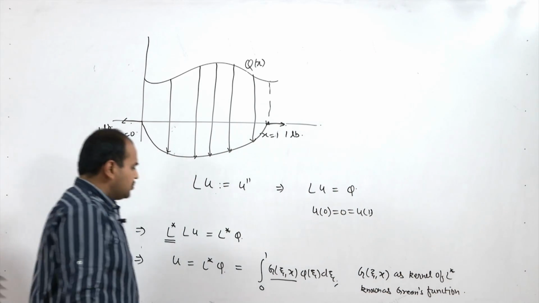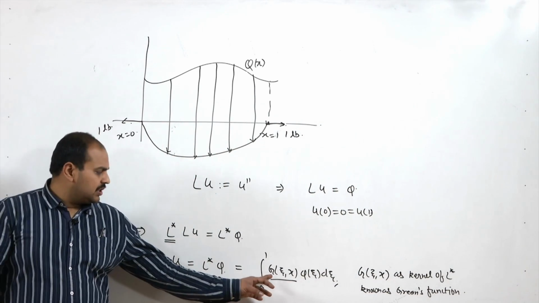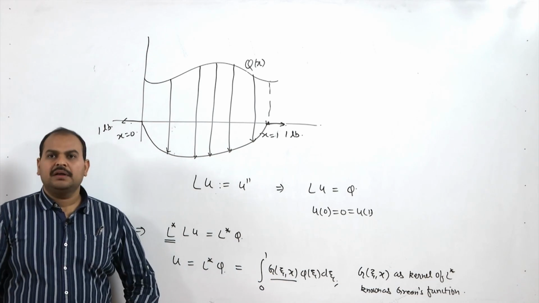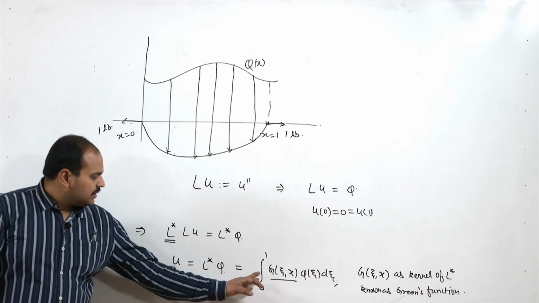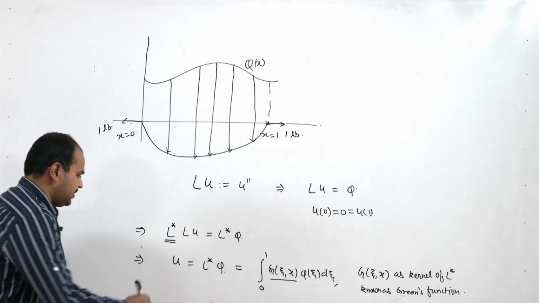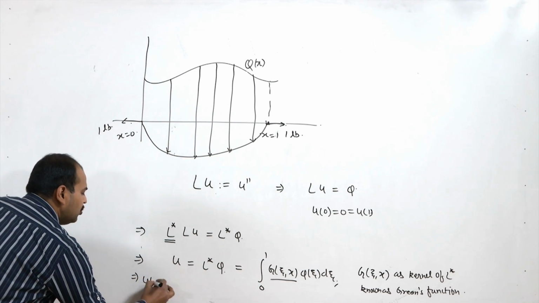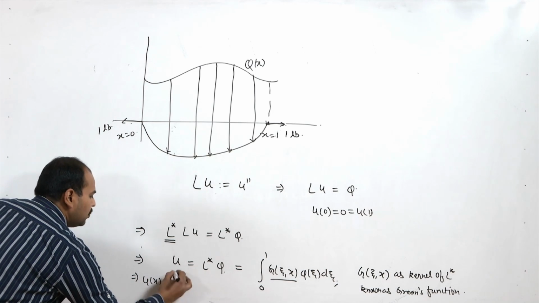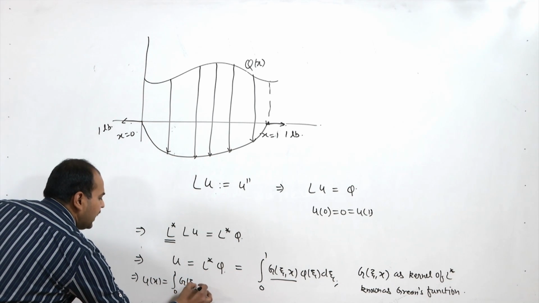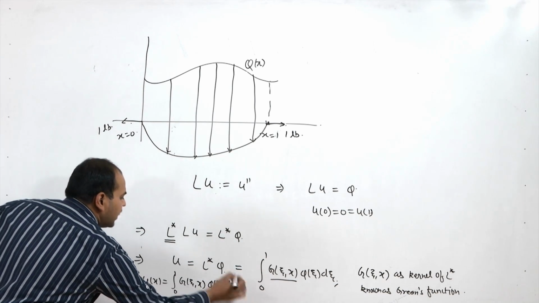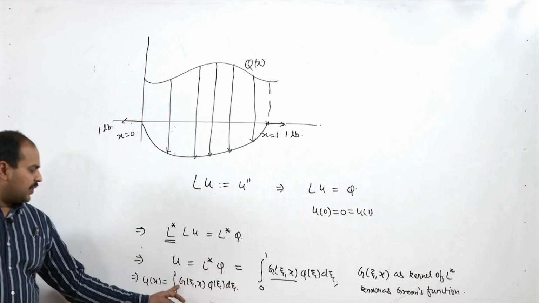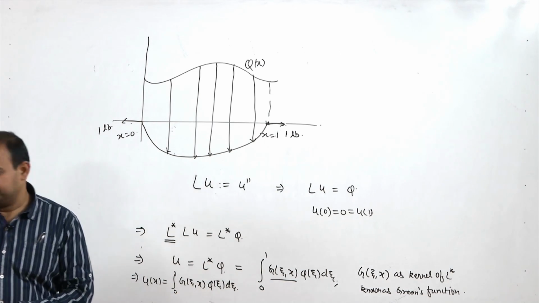So it means that if we can find this Green's function, then we may find our solution u(x) as the integral from 0 to 1 of g(xi, x) phi(xi) d xi. So our aim is to find this Green's function.